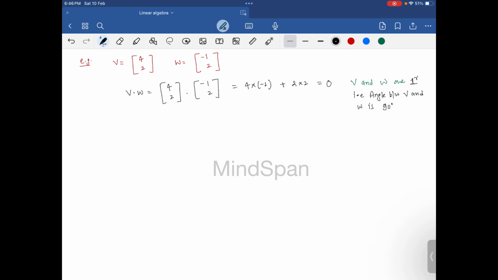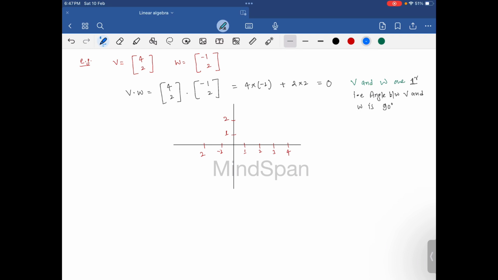So we can also look at this geometrically. Let me draw that too. Let's suppose we have our x-axis here, and this is the y-axis. Let me draw the first vector, vector v. It has the components 4 and 2, and w has the components -1 and 2.